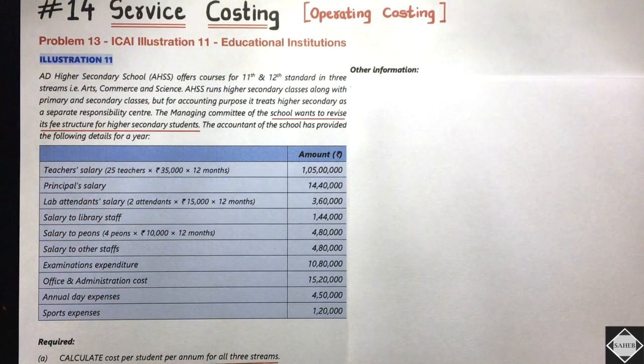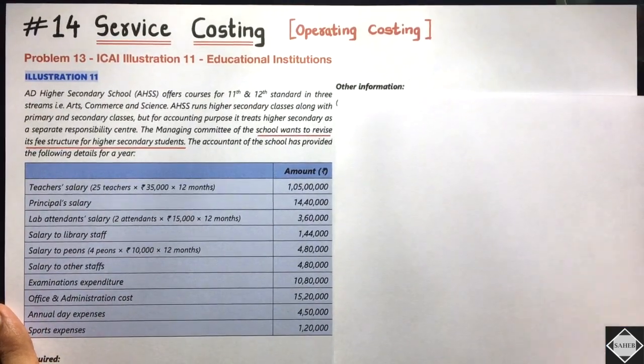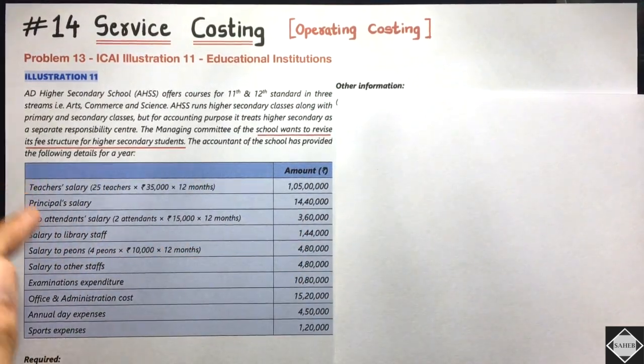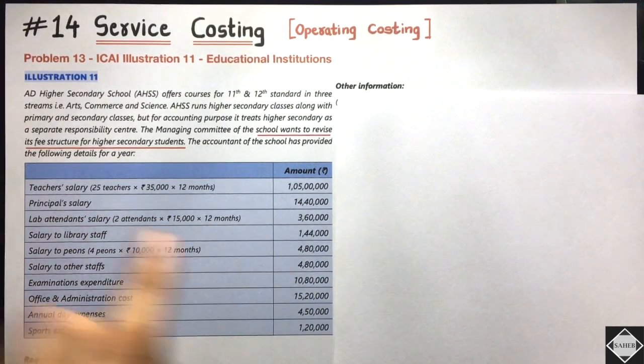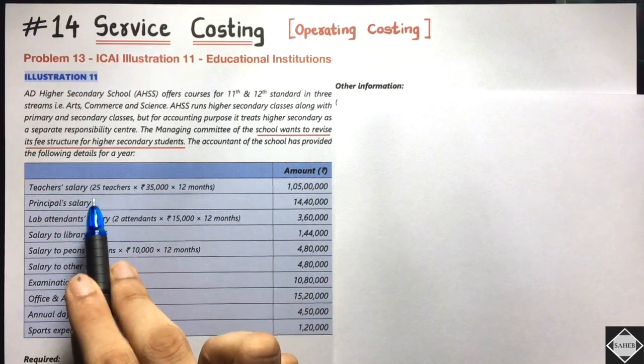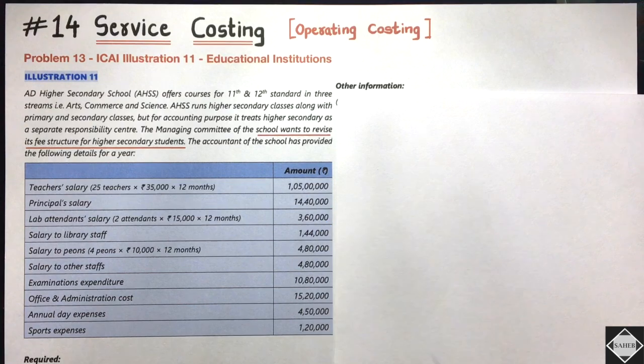In this question, the accountant of the school has provided the following details for a year. Here details have been given, and it is for a year, per annum. They have given you teachers' salary, the whole amount, 1 crore 5 lakhs. They are saying we have 25 teachers in school, 35,000 per month salary, and for the whole year this is the cost. Same thing they have done with all the other costs.